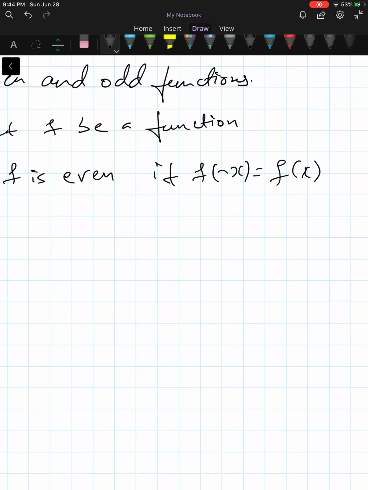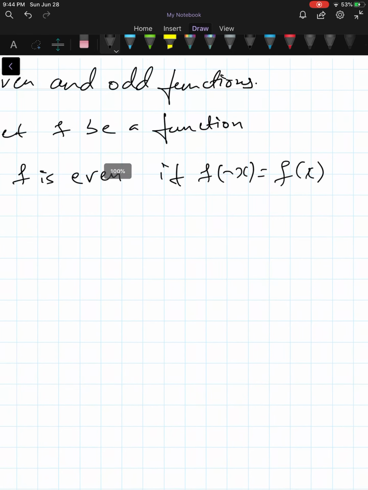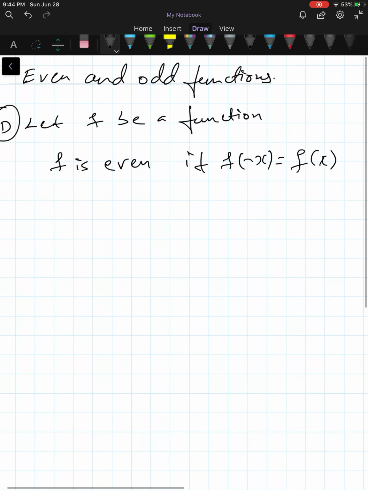So this was actually the test for symmetric with respect to the y-axis. Yeah, that is similar to the function being even. So a function is even if it satisfies this rule, that is f of negative x is equal to f of x. That is also symmetric in the y-axis.